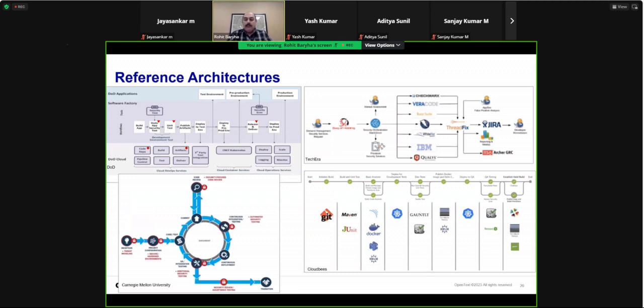Now, if you look at some of those reference architectures that bring in the DevOps and the DevSecOps model, if you look at the DoD software factory, or the Pittsburgh University, or CloudBees or Tech Eras, all these reference architectures show you one thing: the security process has to be included as part of the DevOps or the DevSecOps model.